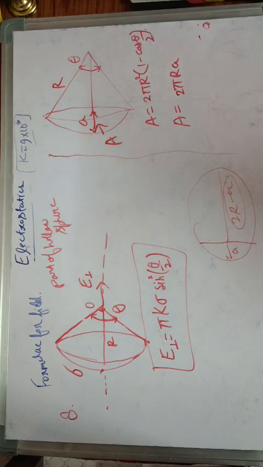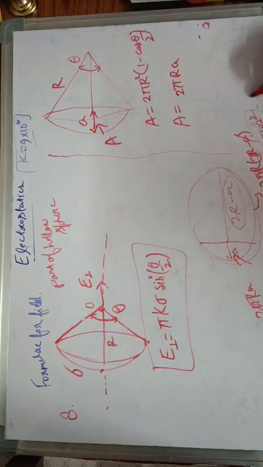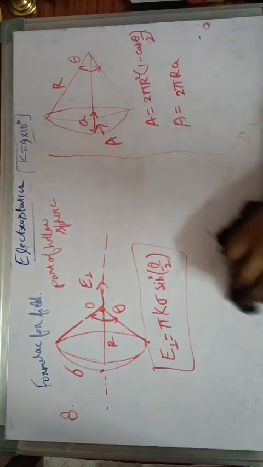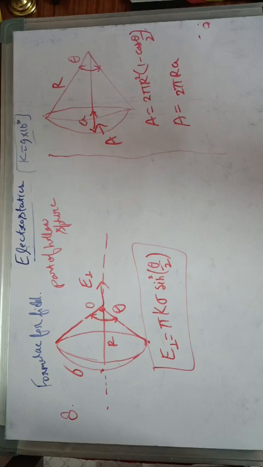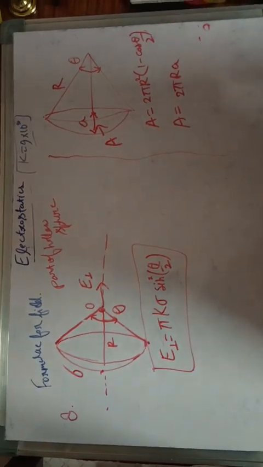The area of this part would be 2 pi r a, and therefore this other part should have area 2 pi r bracket 2r minus a. It gives 4 pi r square minus 2 pi r a. This two can be cancelled. The total area becomes 4 pi r square. So we have verified this formula also. Now this was electric field.